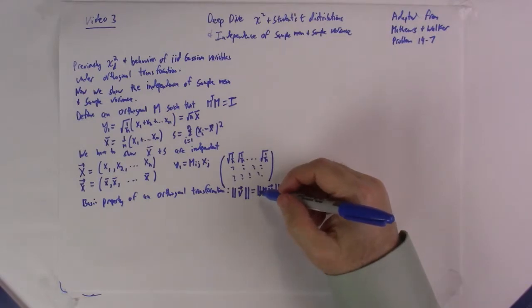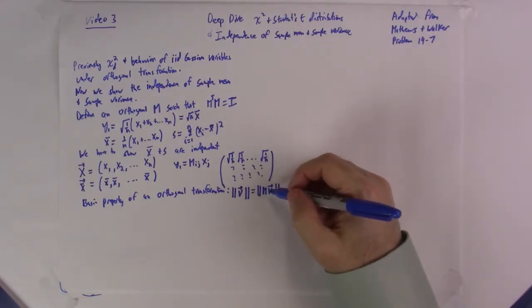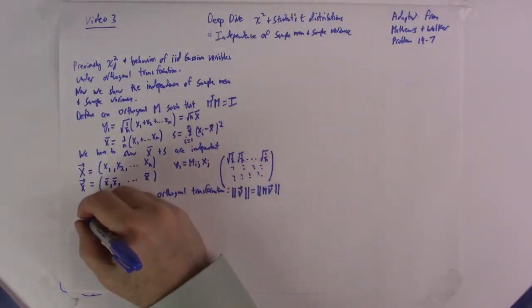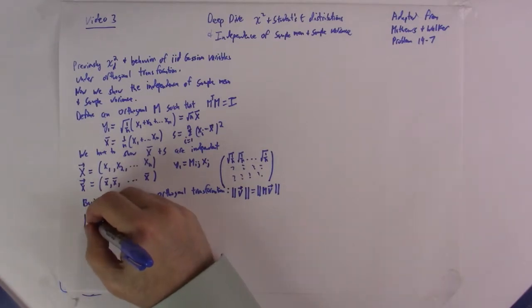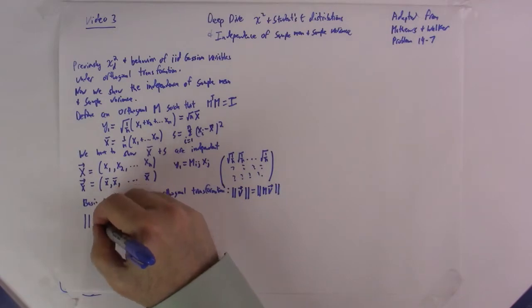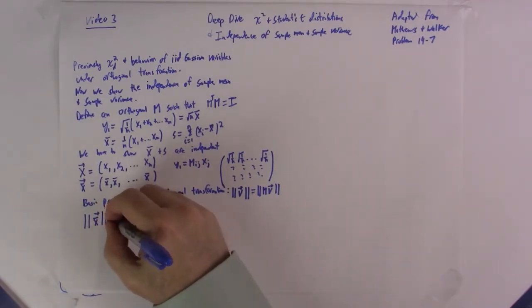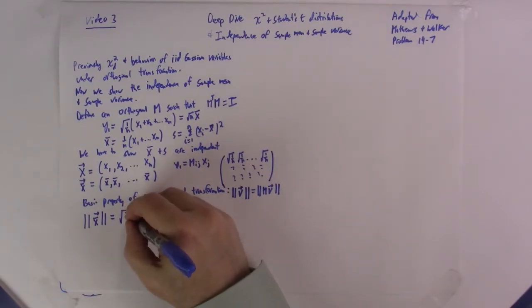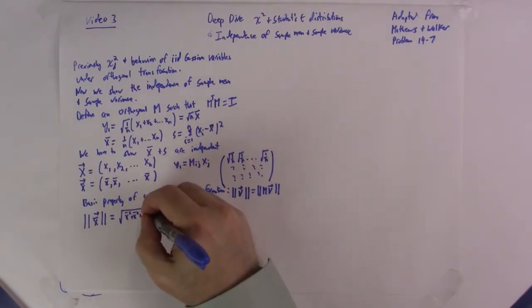So we're going to use this property on several vectors to show that the mean and the sample variance are independent. So based on these definitions, the norm of the mean vector is just the square root of x bar squared plus x bar squared plus x bar squared.